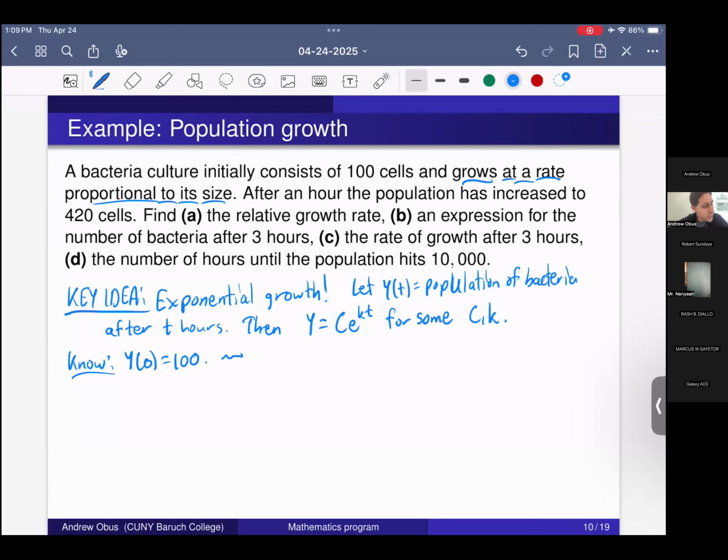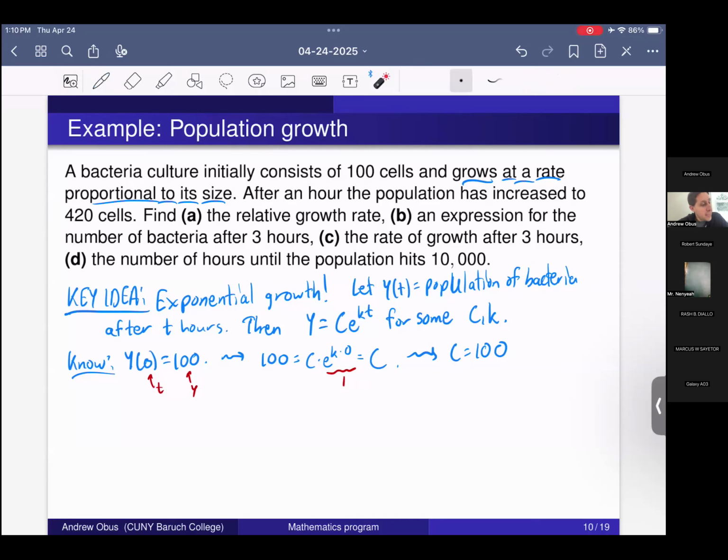So if we punch this in for t and this in for y, what we end up getting is that 100 is equal to c times e to the k times 0, which is just equal to c, right? Because k times 0 is 0. This whole thing here is 1. Okay, so that's good. So this tells us that c equals 100. Great. So we've solved for one of the parameters. Now we just have to figure out k.